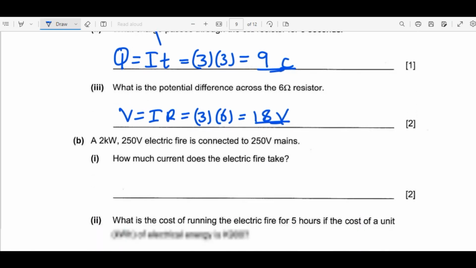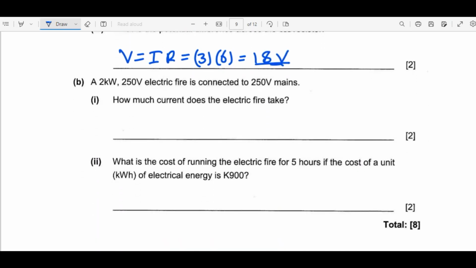Then we have question B. A 2 kilowatt, 250 volt electric fire is connected to 250 volt mains. How much current does the electric fire take? Here we have power and voltage. How can we find the current using power and voltage? Current is equal to power divided by voltage. Power is given in kilowatts, so we don't use kilowatts for a calculation like this one.